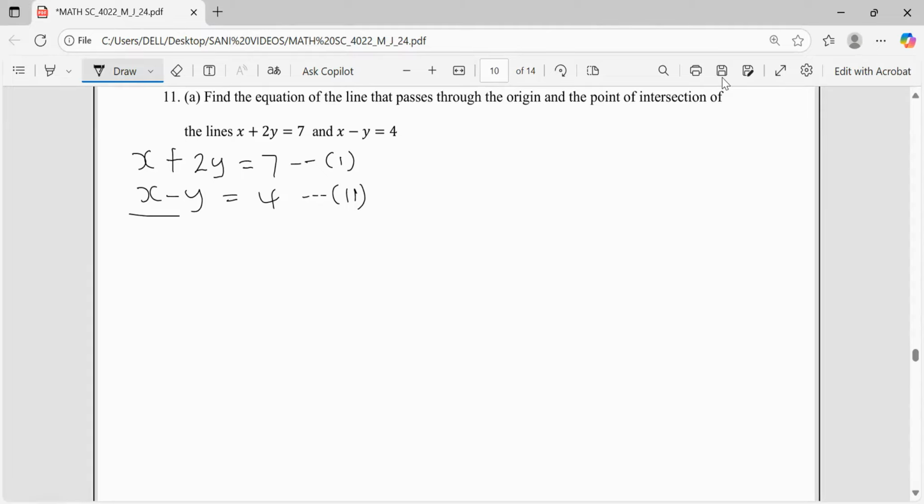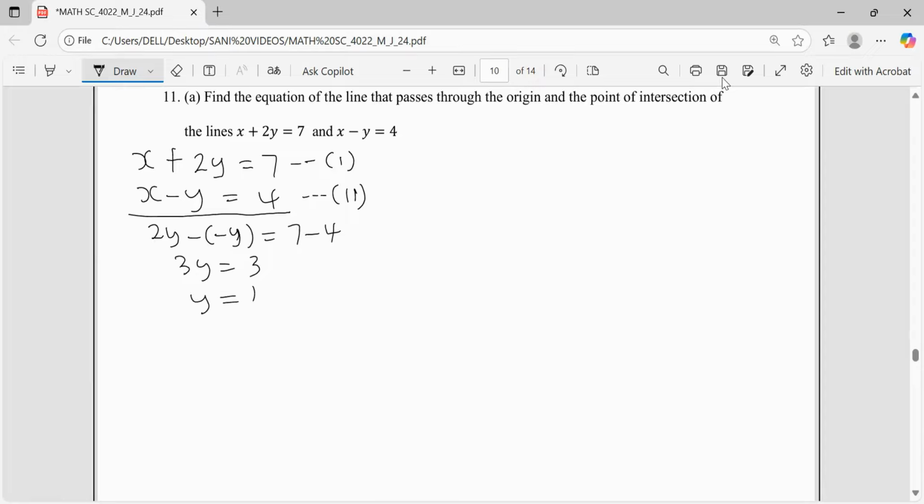Subtracting equation 2 from 1, x minus x is eliminated. We have 2y minus y, 7 minus 4. So 3y equals 3. Therefore, y equals 1.